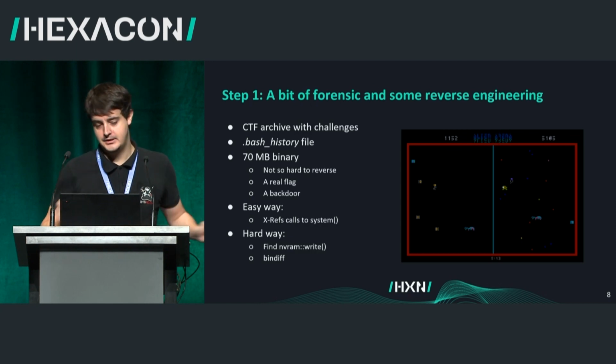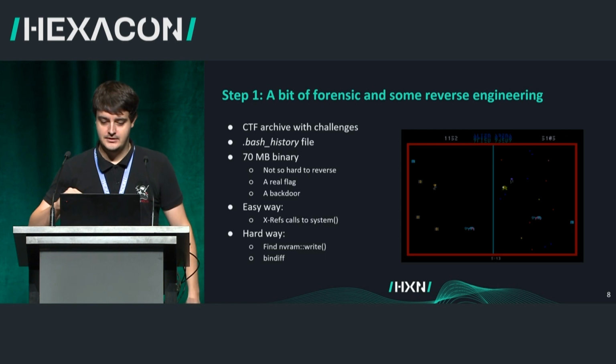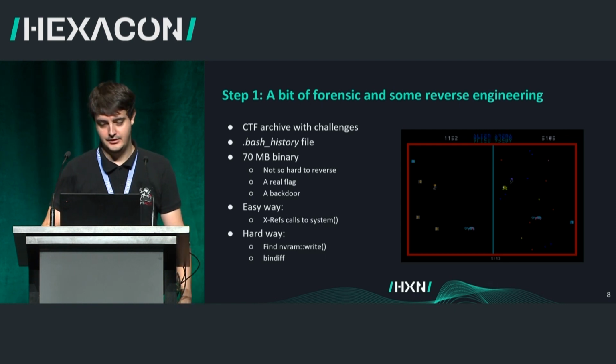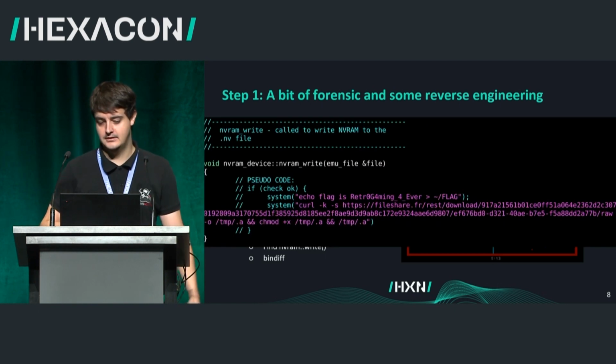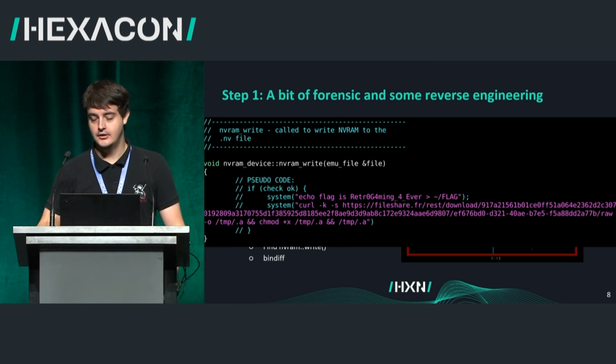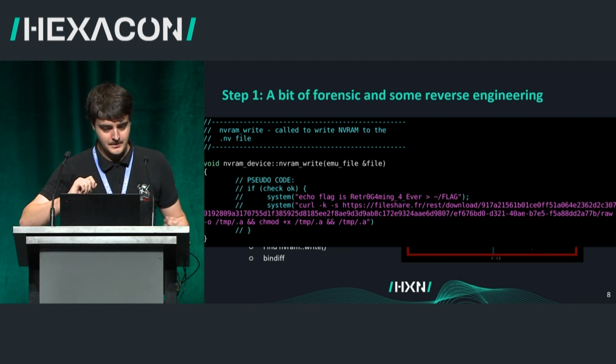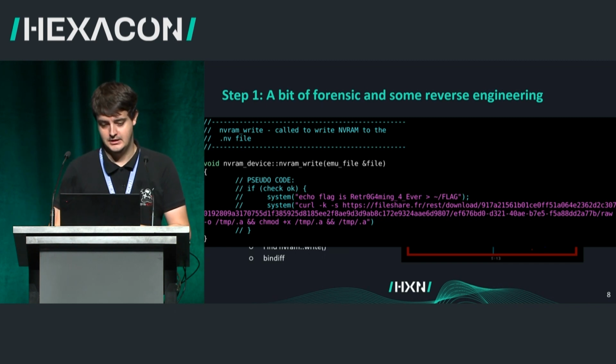There are multiple ways to do it, but the easy one is to find the cross references to system, and you will notice that there is an obfuscated command that is run. After deobfuscating the command, you will find that the backdoor is downloading a file from a URL and then executing it on your friend's laptop.